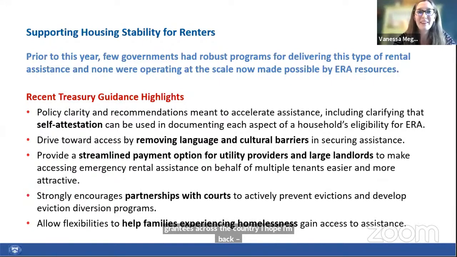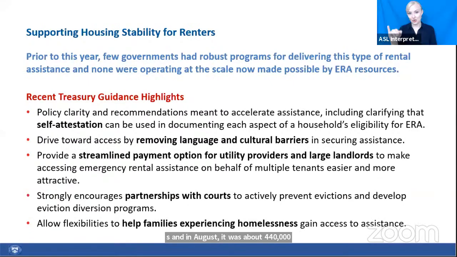And while there is a lot more progress to be made, there have been accelerations in the amount of support being provided to households. For example, in April, about 100,000 payments were being made in a month to support households experiencing rental distress. In our most recent report in August, it was about 440,000 payments to support households.